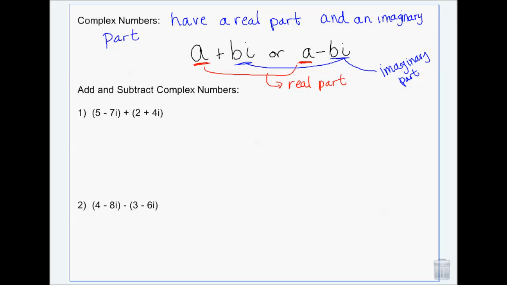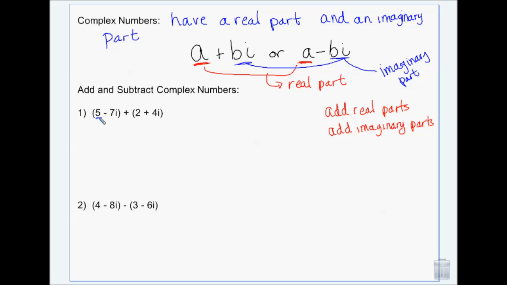All right, so if we're going to add and subtract complex numbers, we can do that. What we do is, first we're going to add the real parts. And then we'll add the imaginary parts. Okay, so I have 5 minus 7i and 2 plus 4i.